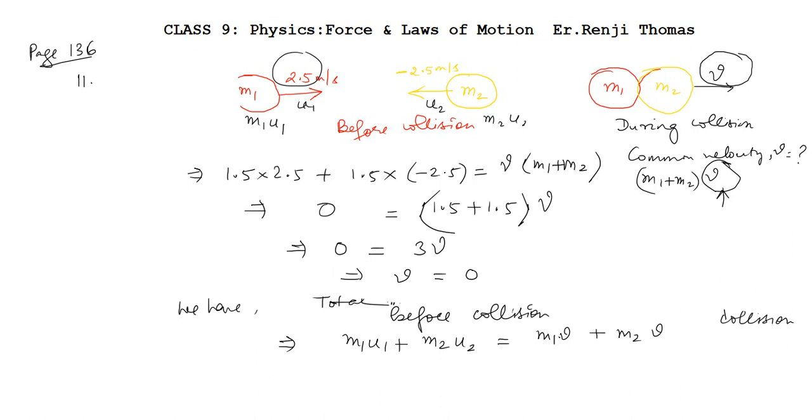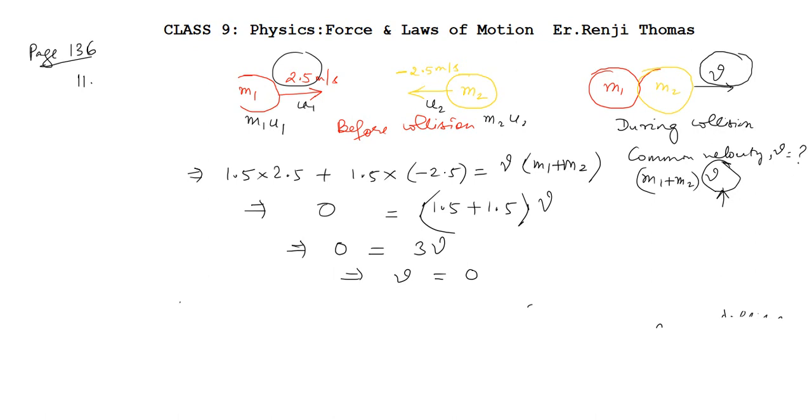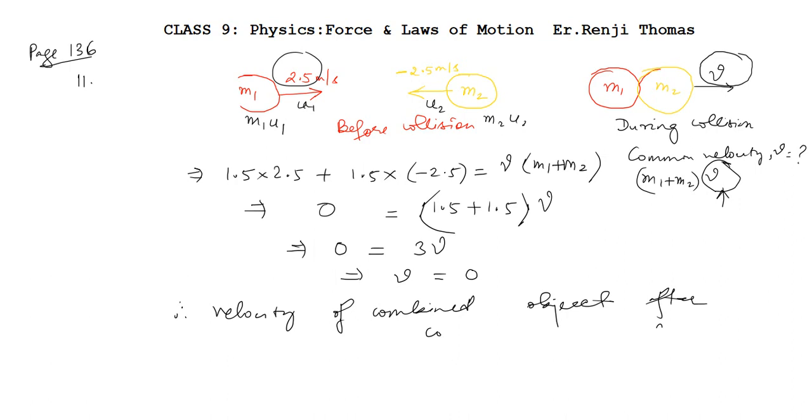Okay, so we can write down the velocity of the combined object after collision. Therefore, the velocity of the combined object after collision is v equal to 0 meter per second.